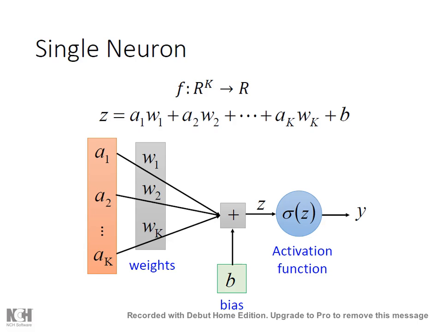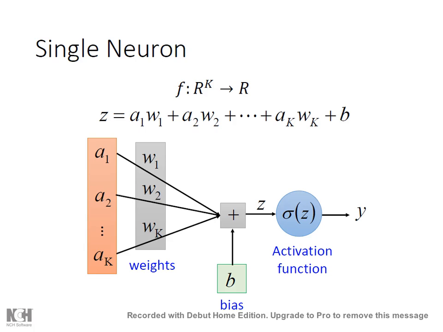Here we add the bias, so we have K plus 1 weights in total. Sorry, K plus 1 inputs. We sum all of them together to generate the value C. It's just a linear combination of all the input vectors with their corresponding weights.